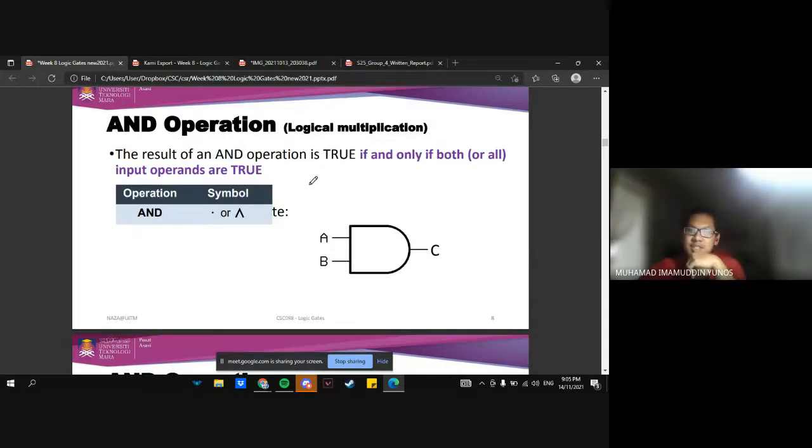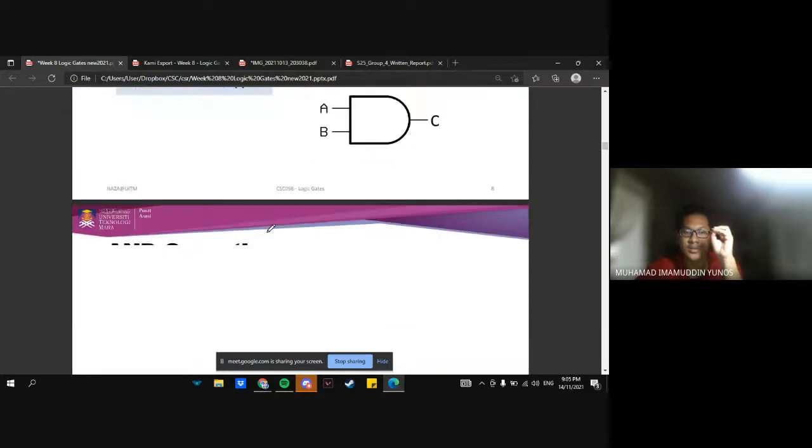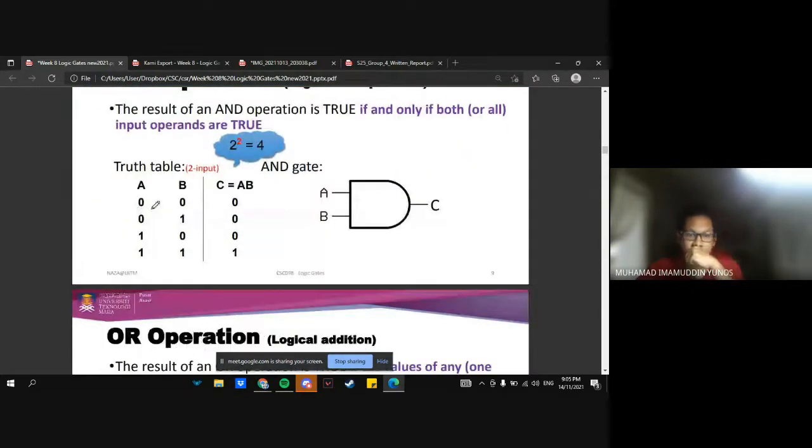The AND operation only results in true if and only if both input operands are true. You can see the example here. We put A and B, and the output is A AND B. When both of them are 0, the output is 0.